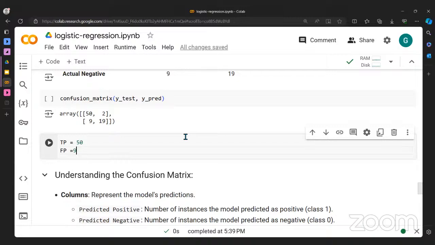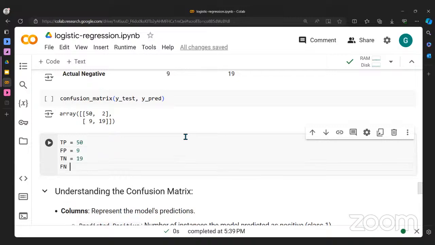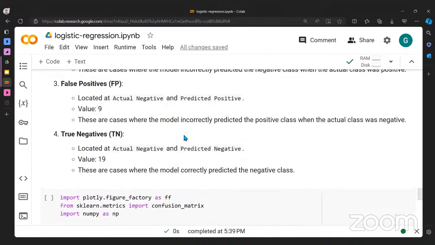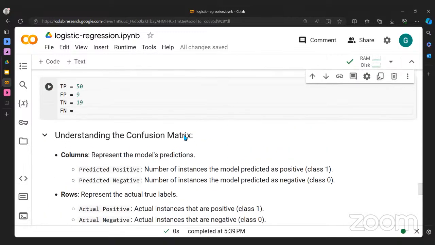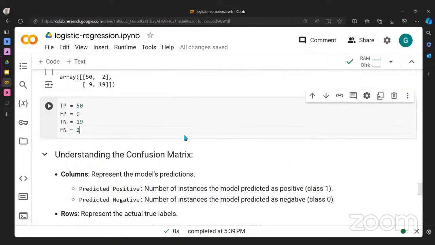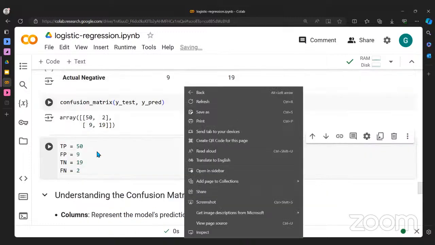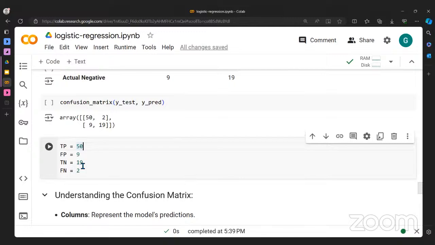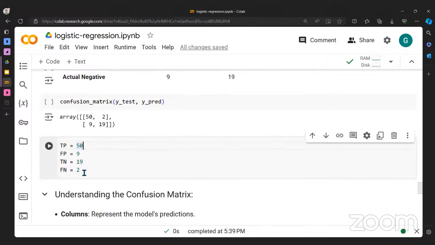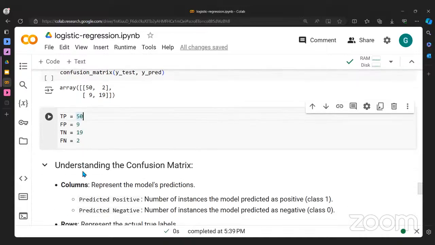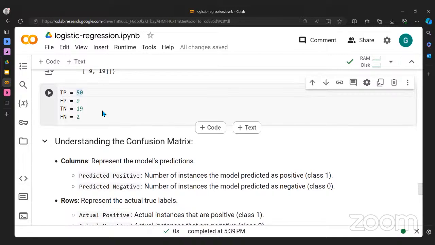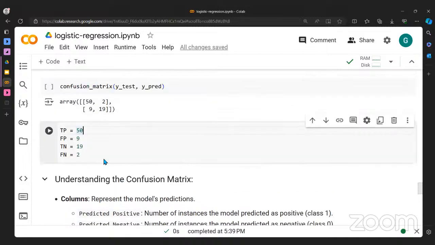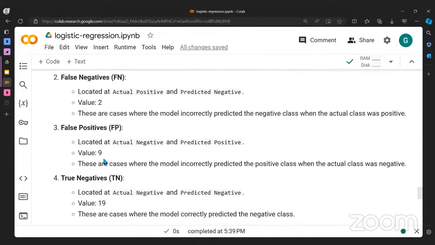Got the 19 and the false negative. Okay, so yeah, this is the interpretation of it. The false negative is just 2, and the false positive is 9 of them. But yes, this would also help you in knowing if your model is doing well or not.